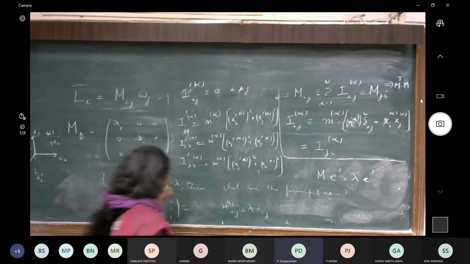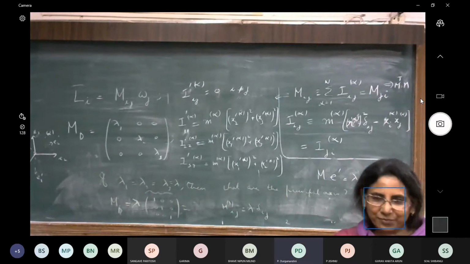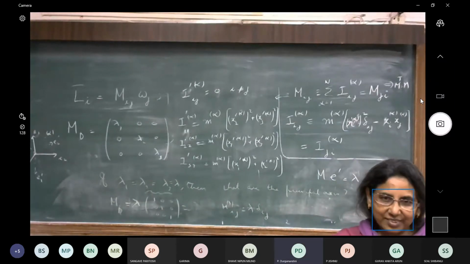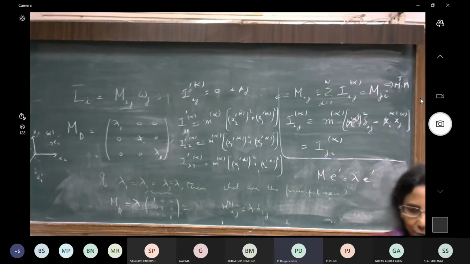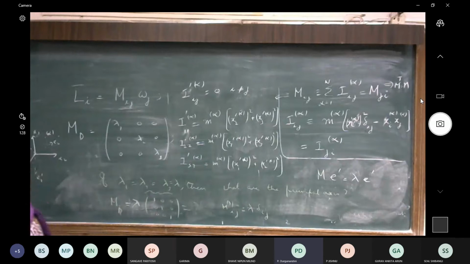So can you tell me how should I choose my principal axis? Use this fact that it's isotropic. What is the meaning of isotropic? Same in all directions.